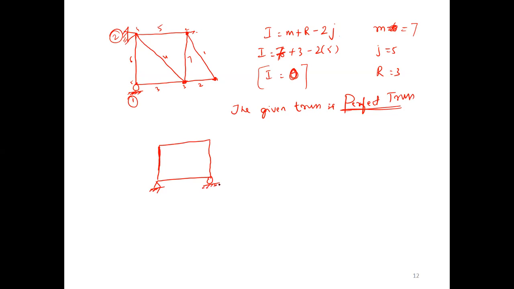Try to find the I value for this truss. What is I? Number of members is how much? Number of reactions? Number of joints?